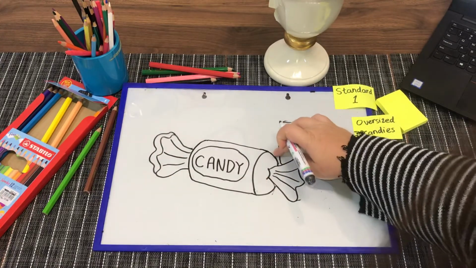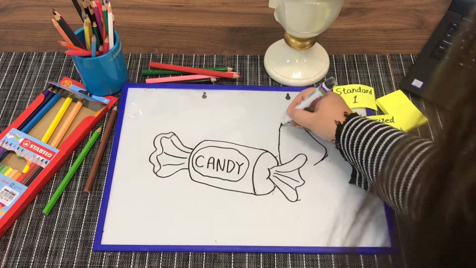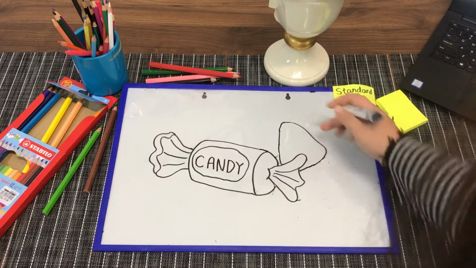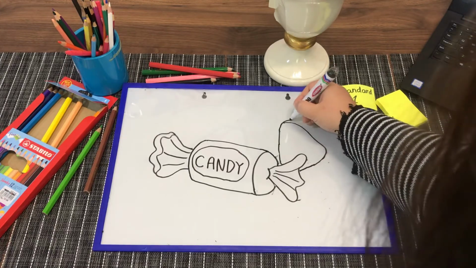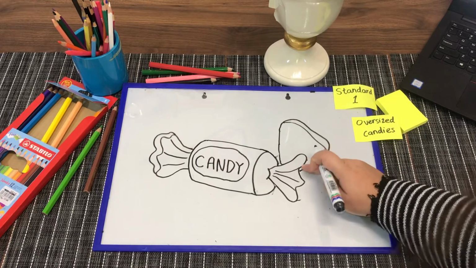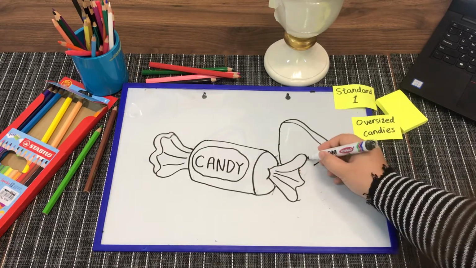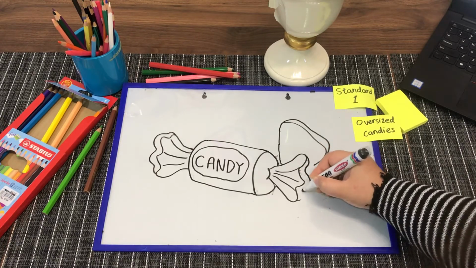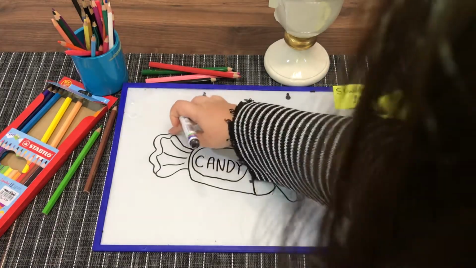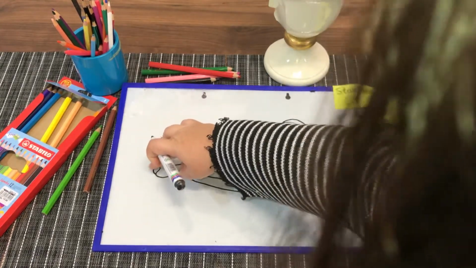Okay, so let's say I prefer my candy to have the extra shapes from this side, so I'm going to put the extra lines over here, and this one also. I'm looking at the plastic, I'm going to rub off this side.